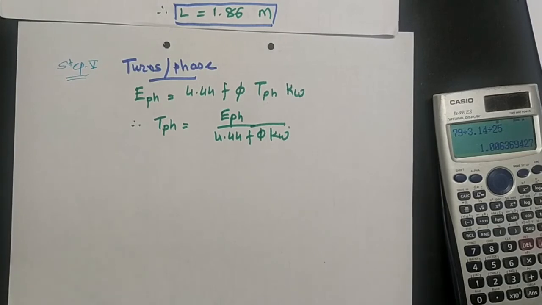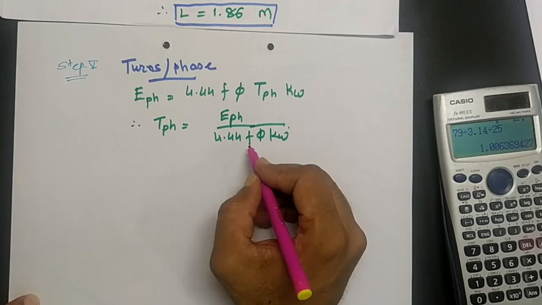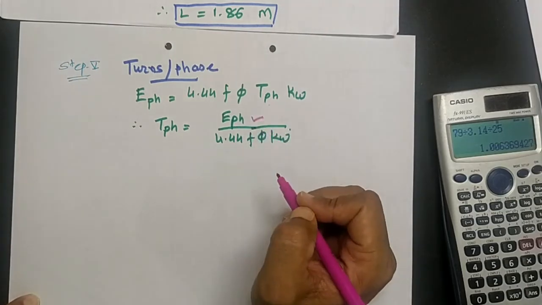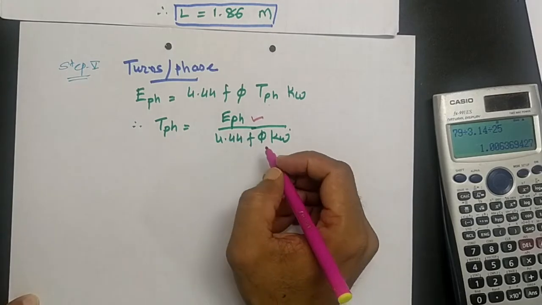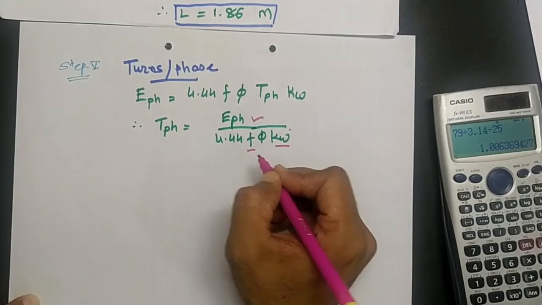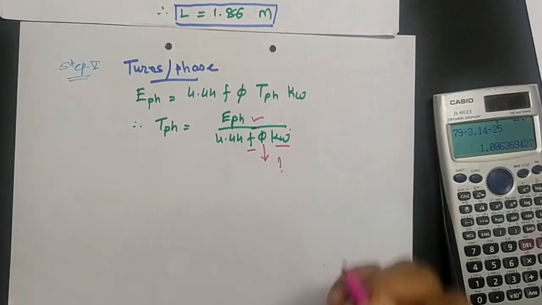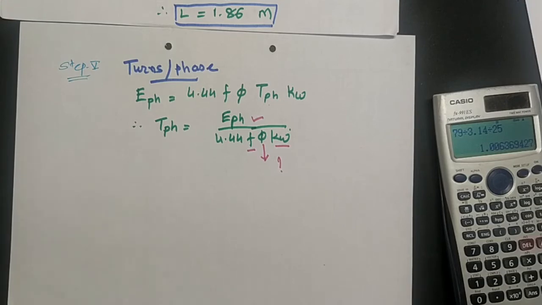Now if we observe this equation, we have all the values. EMF per phase is available, kW and frequency are available, only flux phi is not available. So we need to find our flux first.